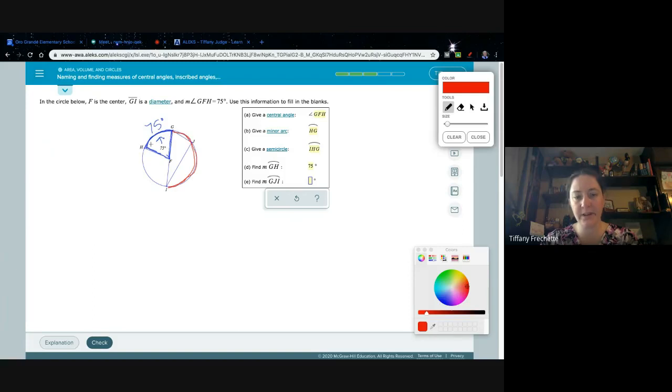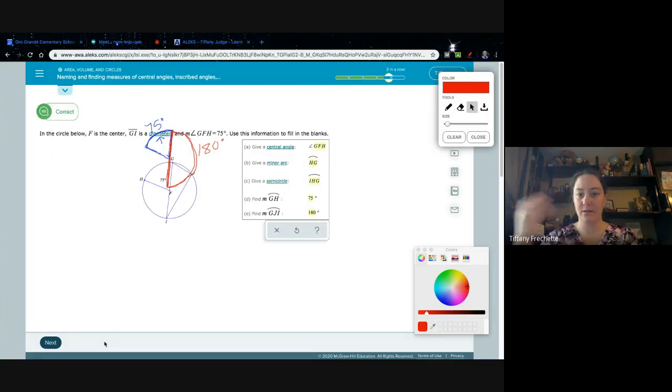So that doesn't really have anything to do with the central angle we just created, because we're not going all the way around. So we're not going to subtract from 360. But if I notice it's on a diameter, that's the end points here. There is a diameter. So that means that I went halfway around the circle. So that's 180 degrees. All right, so let's go ahead and check that last one. Perfect. All right, we finished another one. Yay.